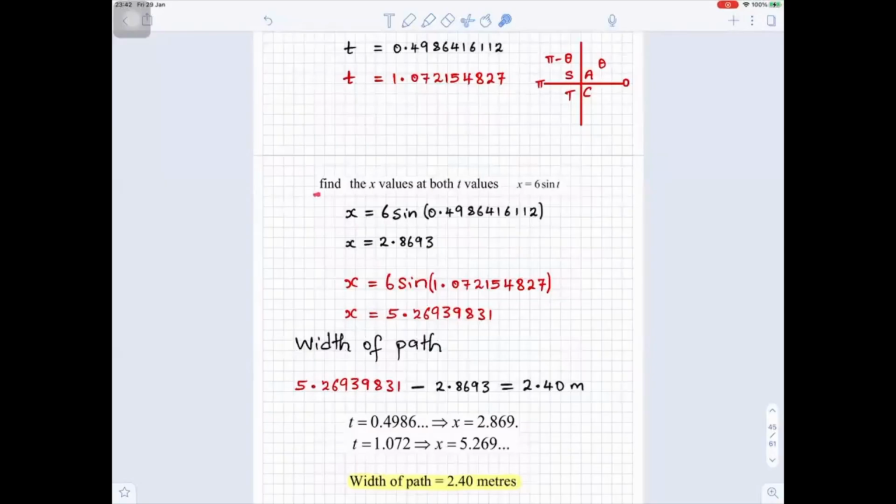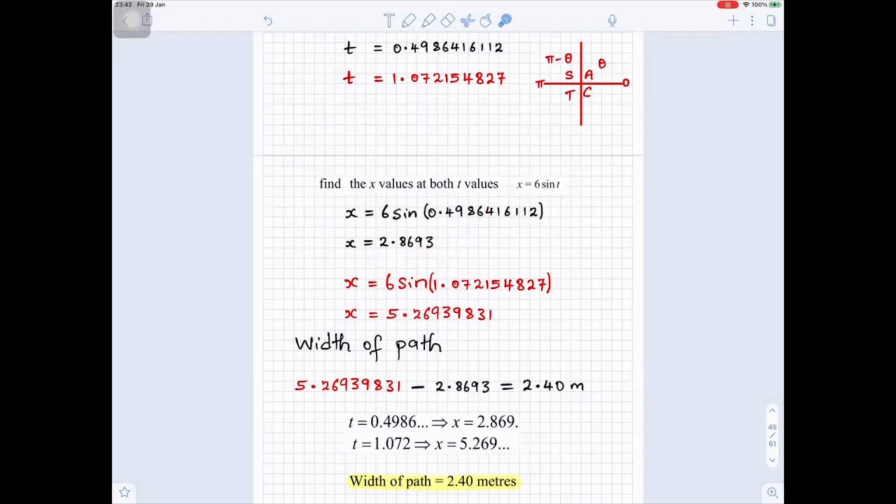So we want to find the x values at both values of t, and we know x equals 6 sine t. We start with the first value of t, 0.4986. So it would be 6 sine 0.4986, and 6 times sine 0.4986 would give you 2.8693.